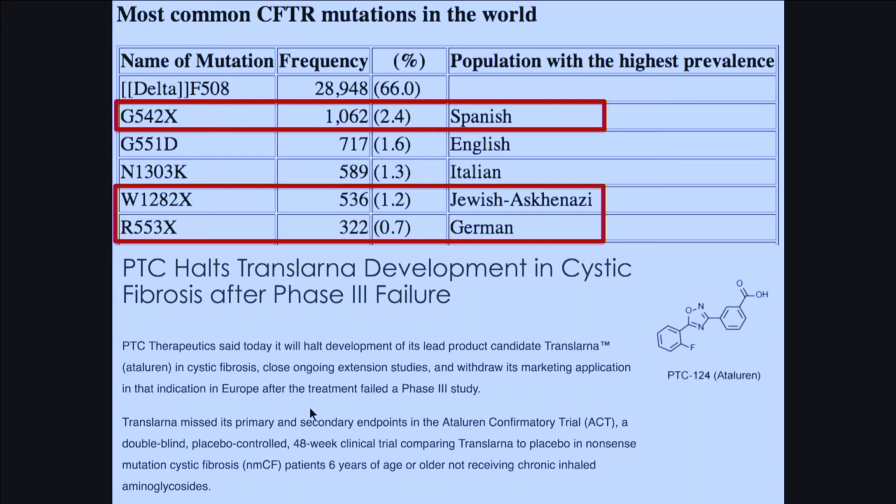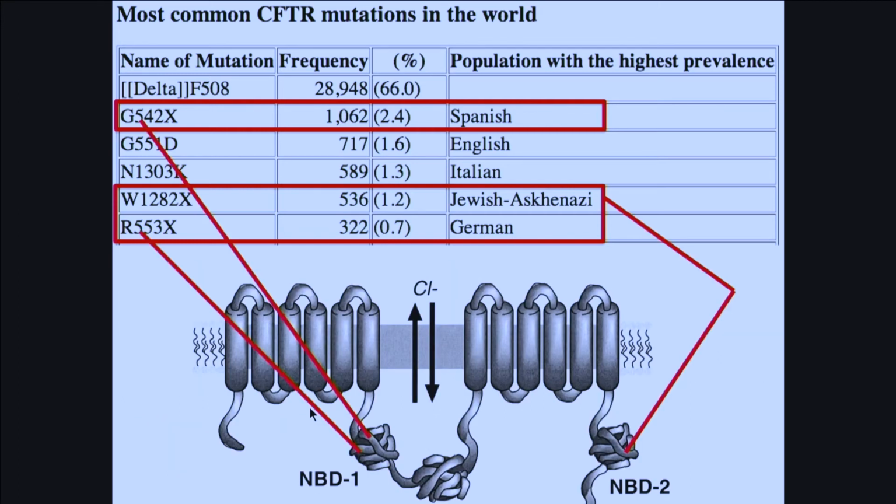But looking at these proteins, the G542X and the R553X are in nucleotide binding fold 1. And so these two stop the protein from being made so early that there's no chance of getting any function. However, the 5th most common mutation worldwide, 1282X, the 1282 position is way down here.